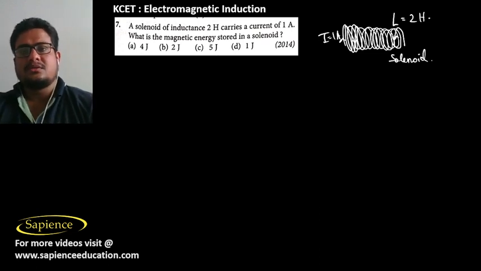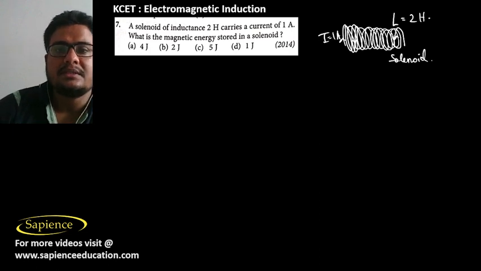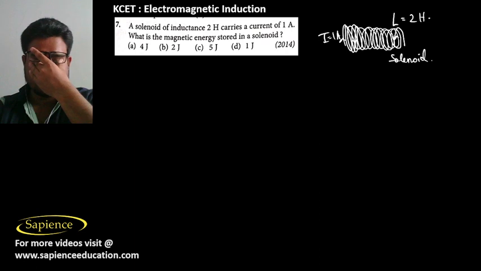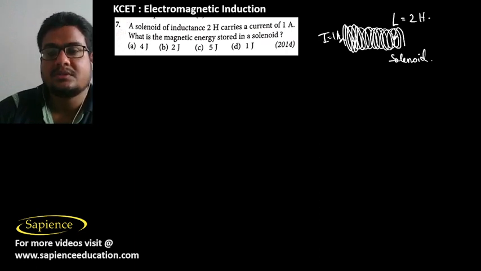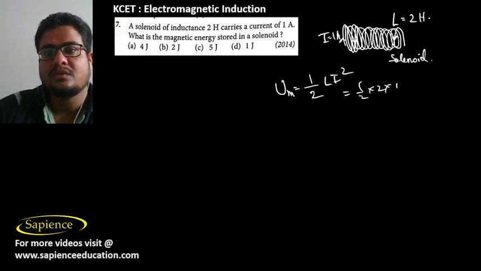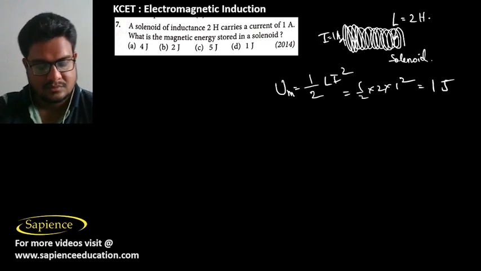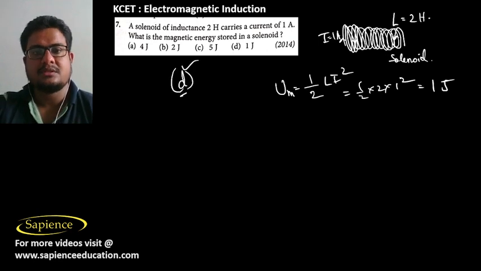Then what is the magnetic energy stored in the solenoid? Magnetic energy stored in the solenoid is half Li², that is half into 2 into 1, which is 1 joule. Option D is the correct answer.